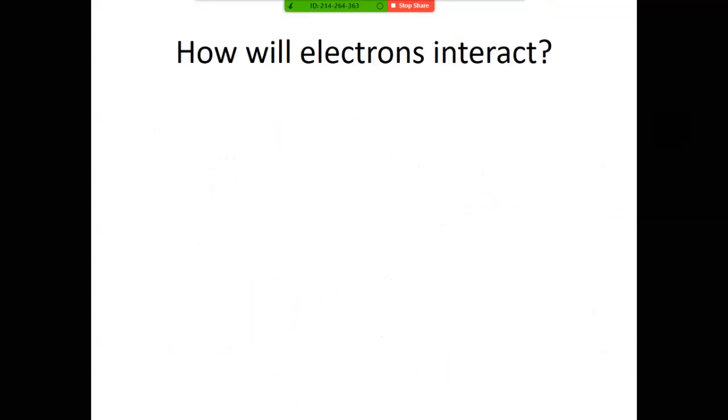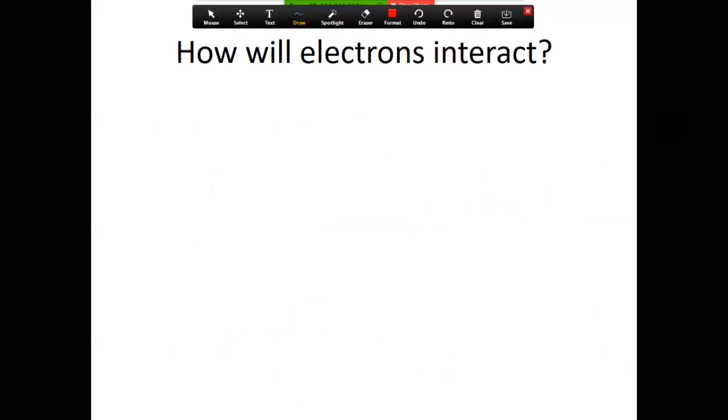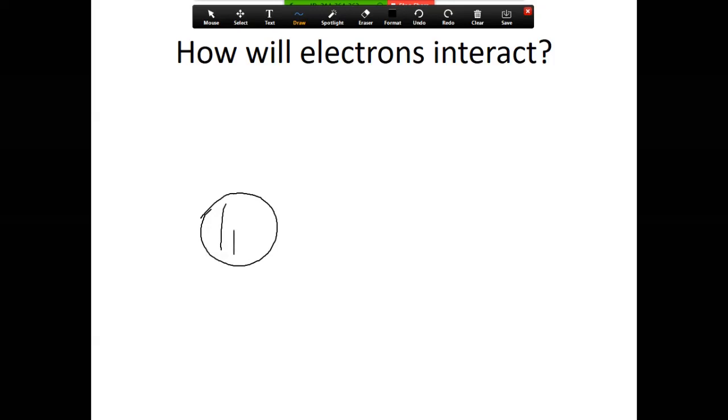All right, I'm going to give for you an example of two atoms, and I would like for us to predict how these two atoms might interact. So let's draw a nucleus here, and we'll go simple. We'll just have one proton in our nucleus.